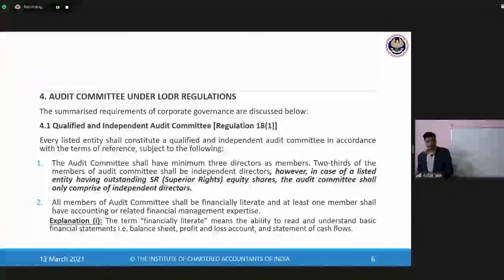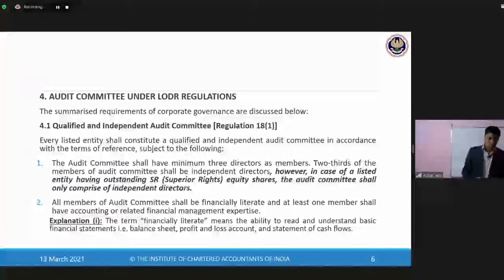Okay, so the first one is about having a qualified and independent audit committee. Now, let's try to understand the role of the audit committee.